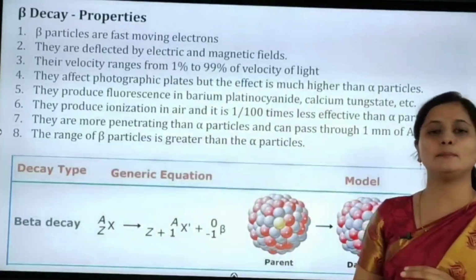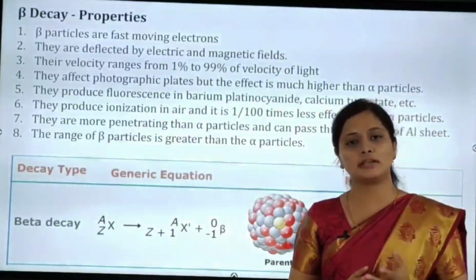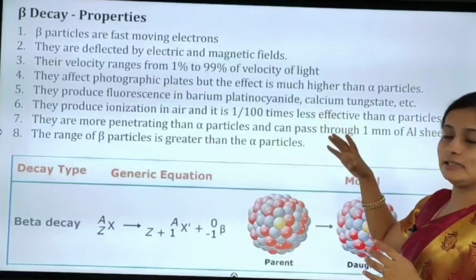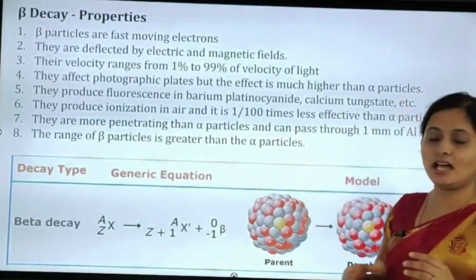The beta particle can affect a photographic plate, but the effect is much higher than that of the alpha particle.